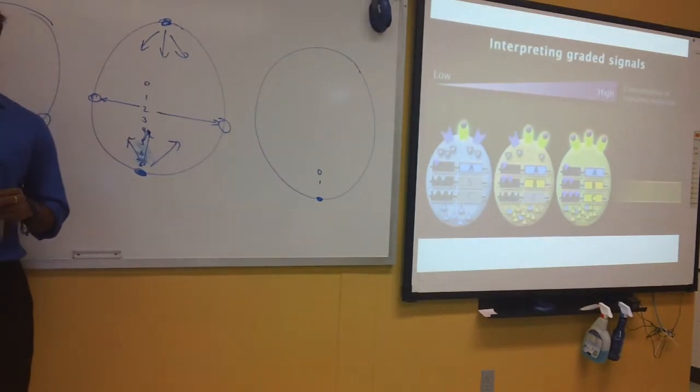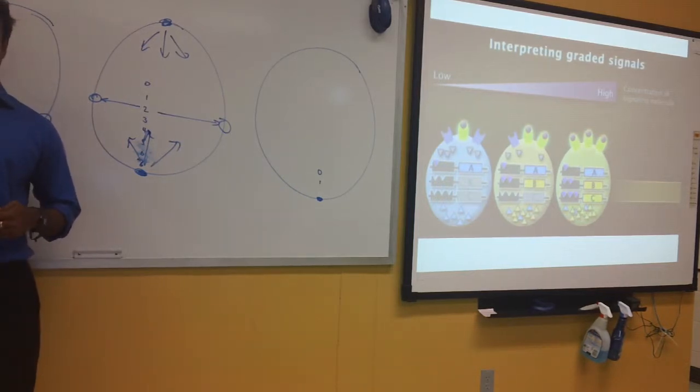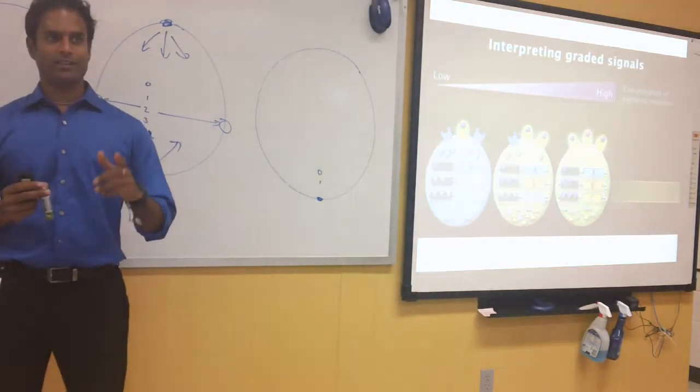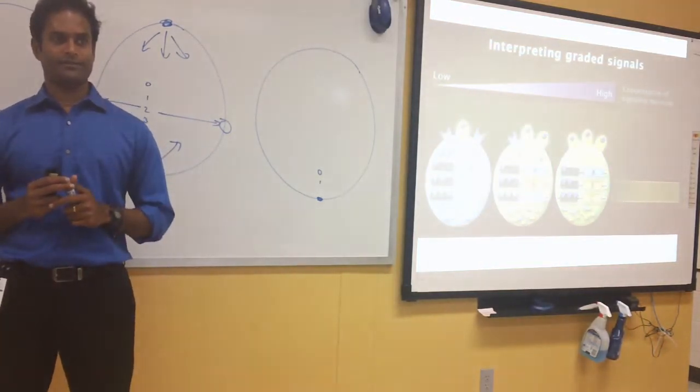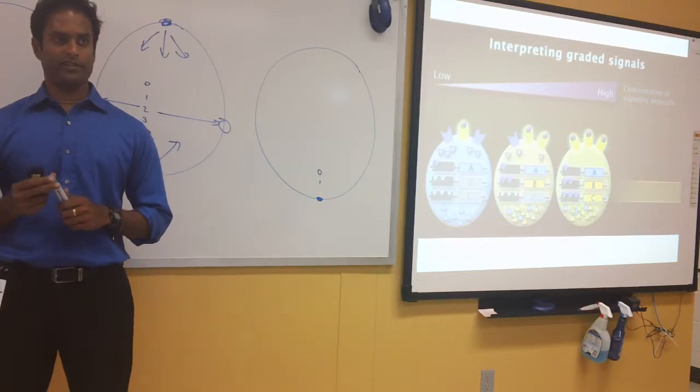If you really want, I can give you a more detailed explanation of how this happens. You're not gonna like it. We can do fly development, how a fly develops. How did these signals occur?